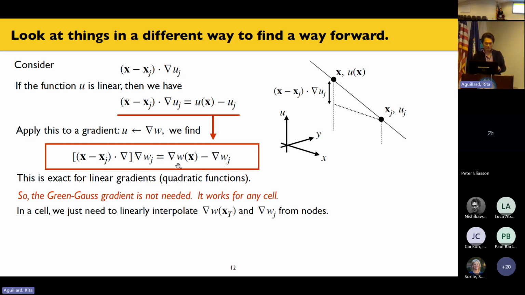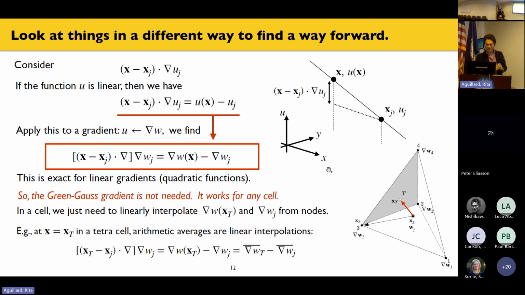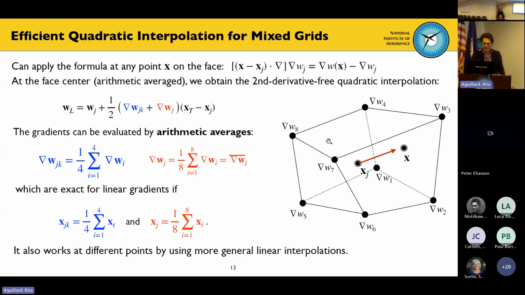And in a cell, you need a way to get the gradient at the point where you want to use this formula. So for tets, we wanted to have this gradient at the face center, and it happens to be that the face average is the linear interpolation. So we need to find this interpolation for a non-tetrahedral cell. And this was also easy. We can apply this formula to any point, but if the face center is defined by an arithmetic average of the nodal coordinates, then we can just average the nodal gradients, and this is exact for linear functions.